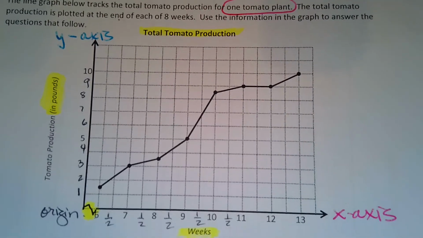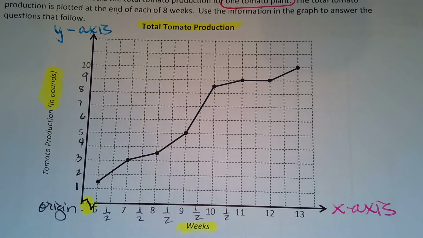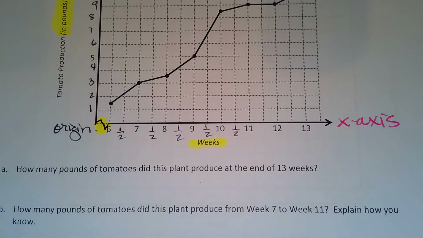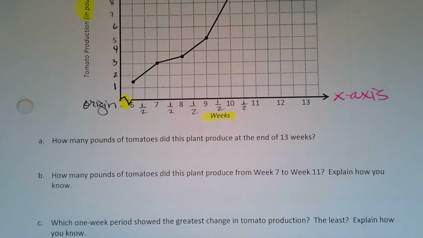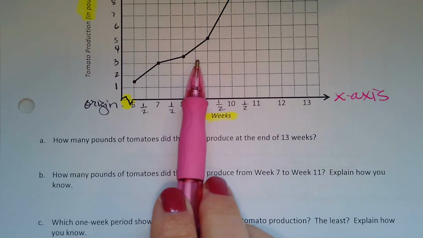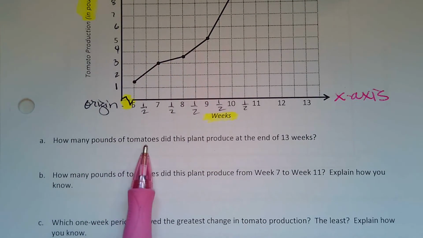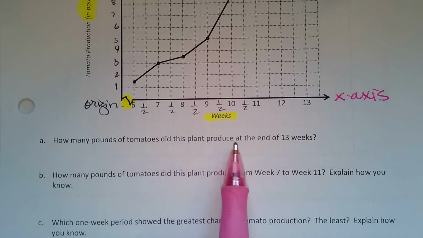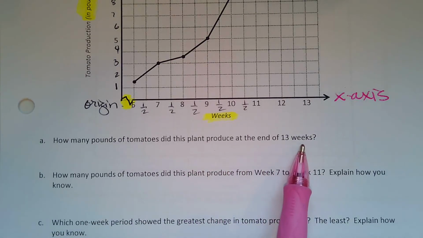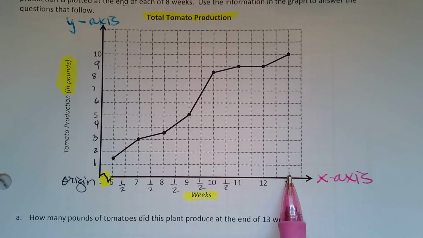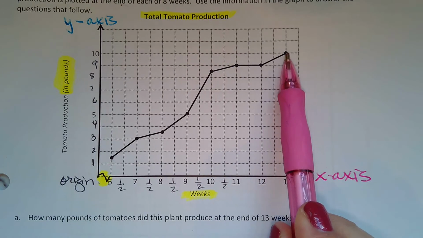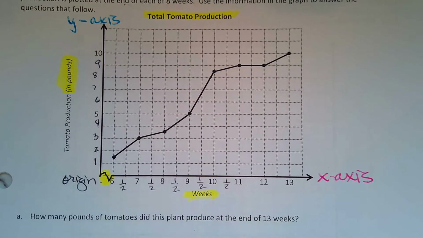So what I want you to do, I have 4 questions for you. Based on the graph, how many pounds of tomatoes did this plant produce at the end of 13 weeks?